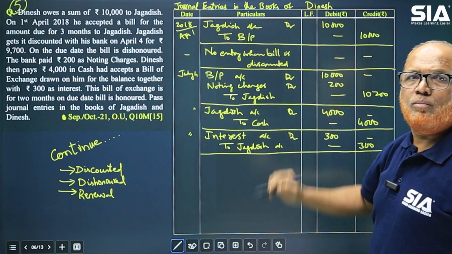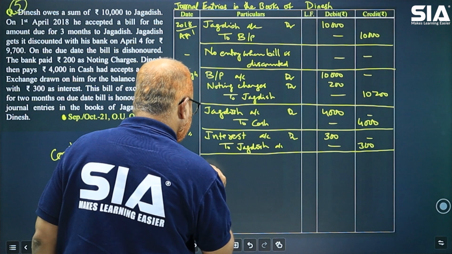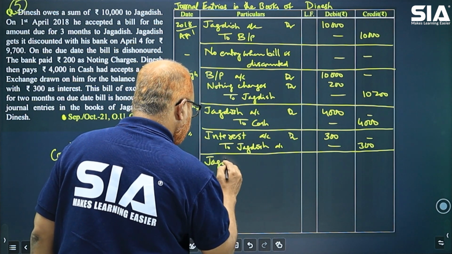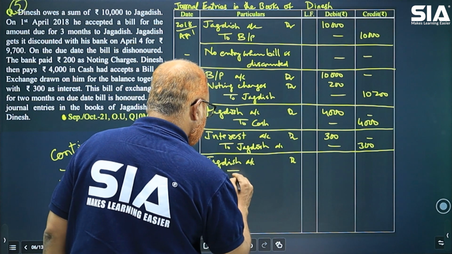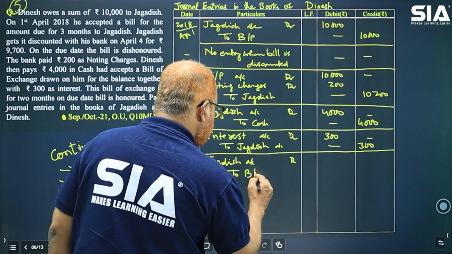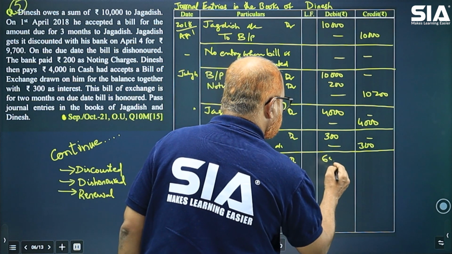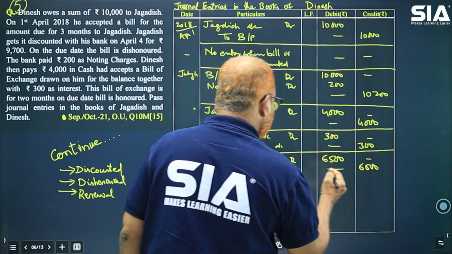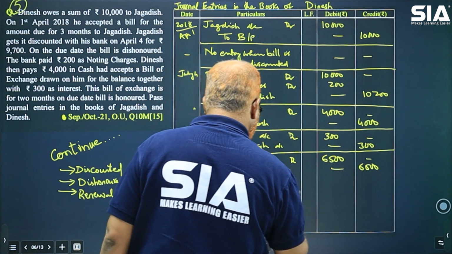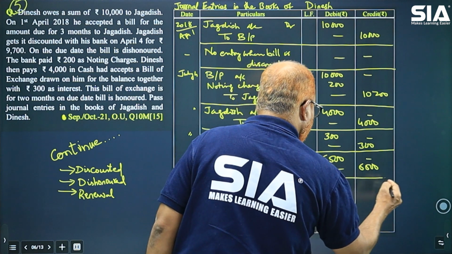When the bill is accepted, same entry. Jagdish account debtor to bills payable for the new bill, that is 6,500. This includes noting charges as well as interest.